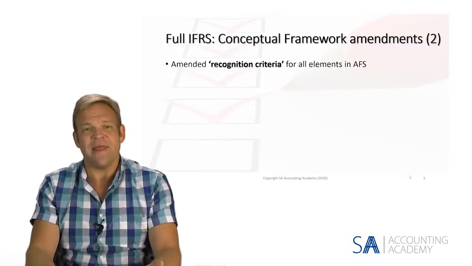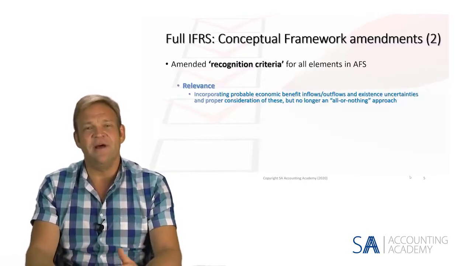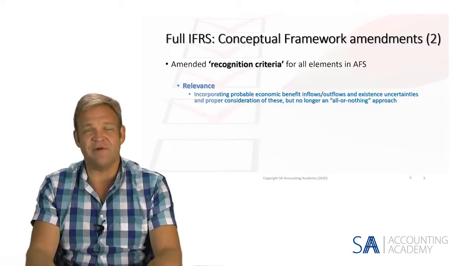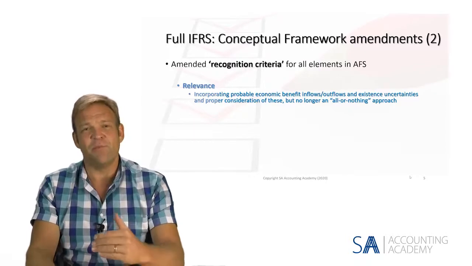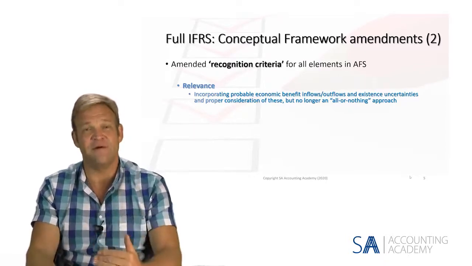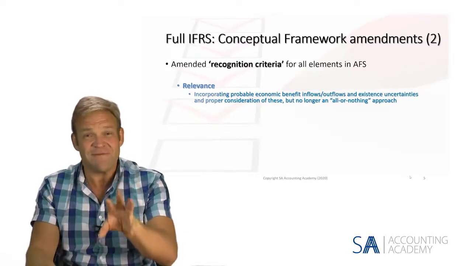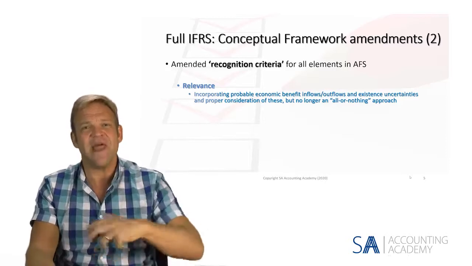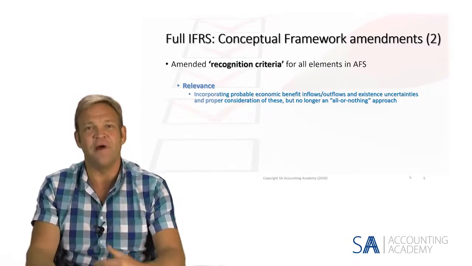Now, the new amended recognition criteria firstly focus on relevance of the recognition of that particular element. So probability of future economic benefit inflows or outflows, as it was the previous recognition criterion that we considered first, has now been absorbed into the concept of relevance.